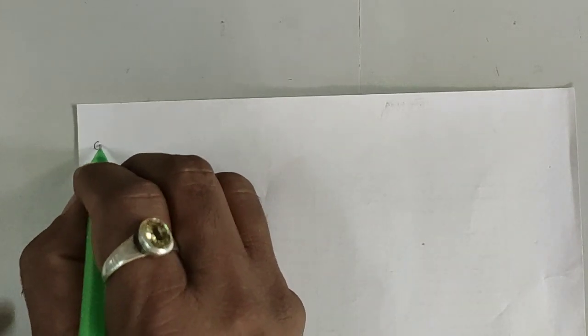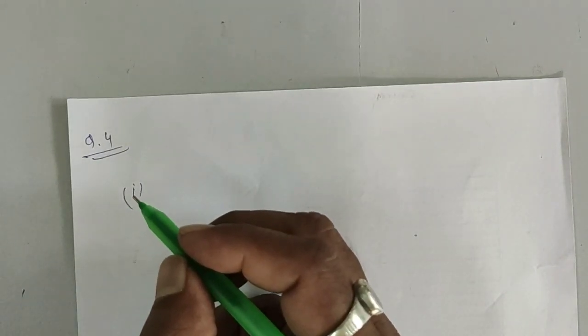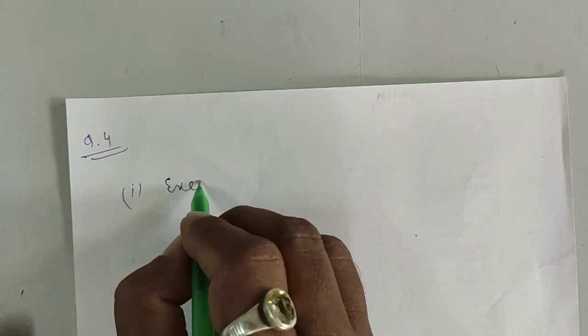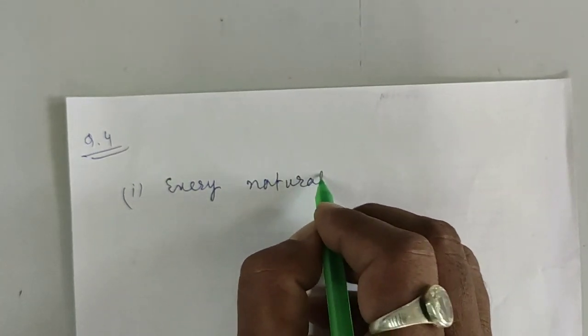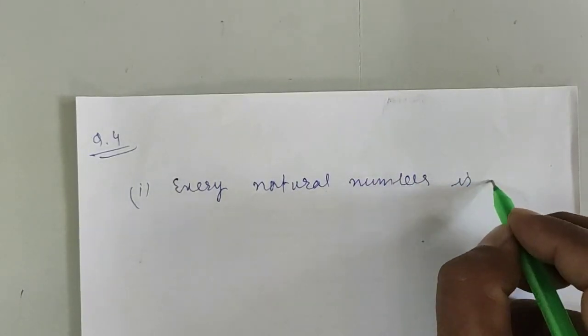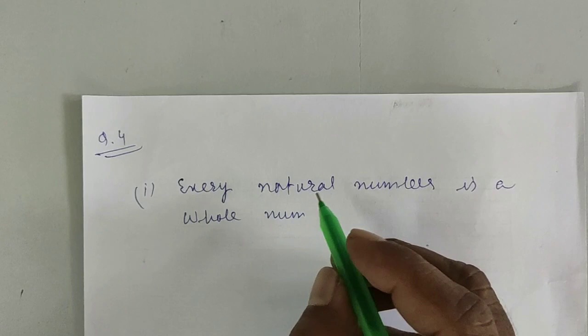Students, let us start question number 4. True or false? State whether the following statements are true or false. Give reason for your answers. First statement is, every natural number is a whole number.